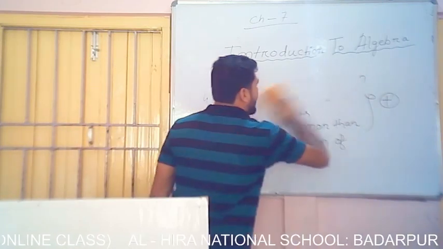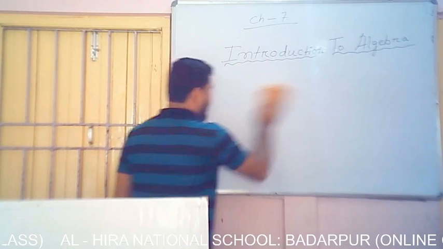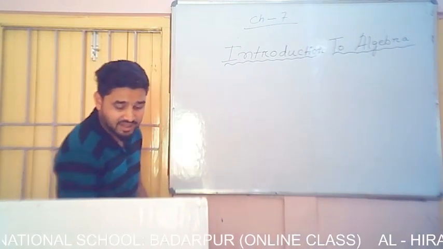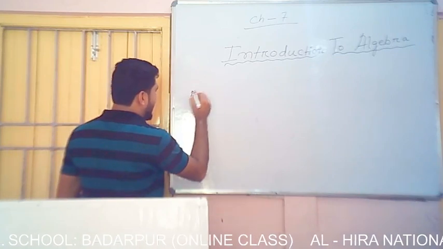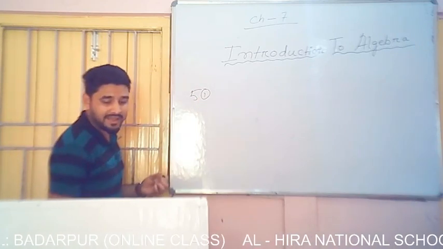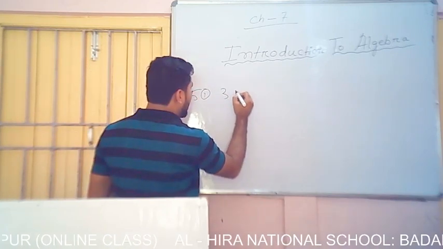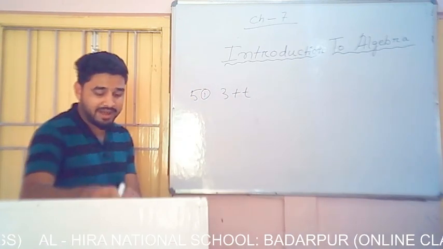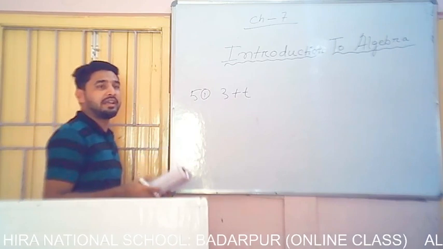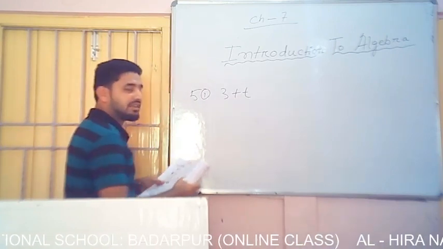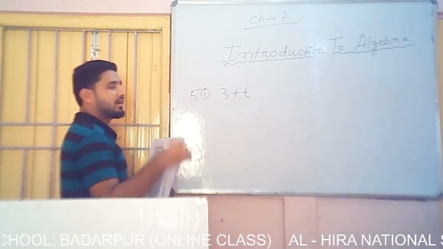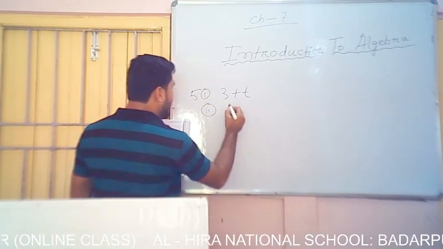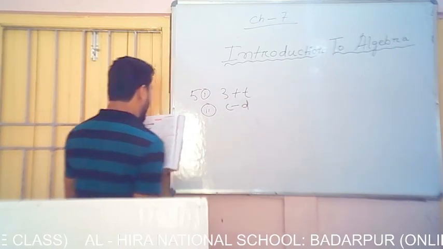So the answer of the first question will be 3 plus t. Now come to question number 2. C less d. If you get the word less, then we should use subtraction. Then number 2 will be c minus d.